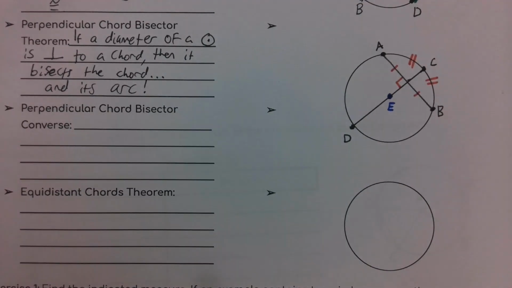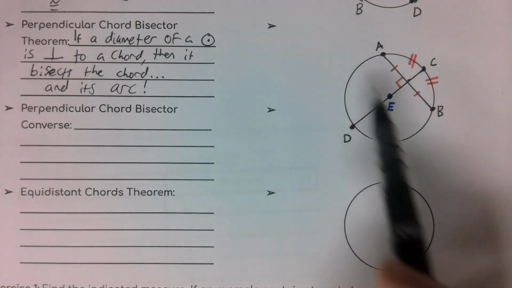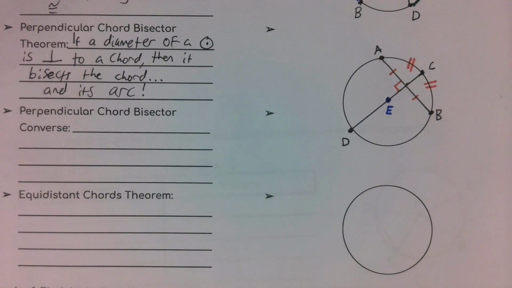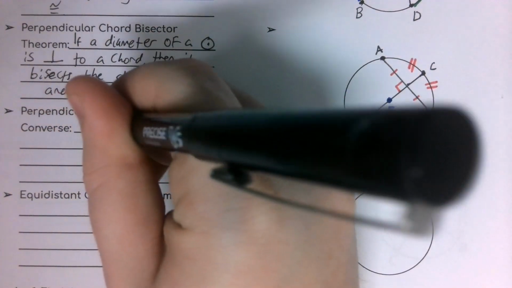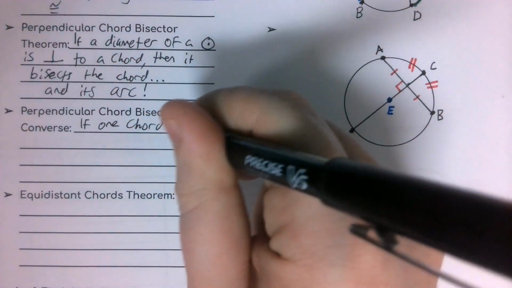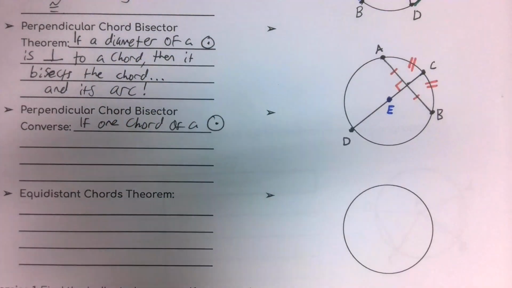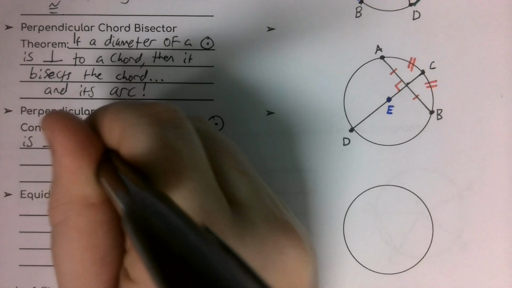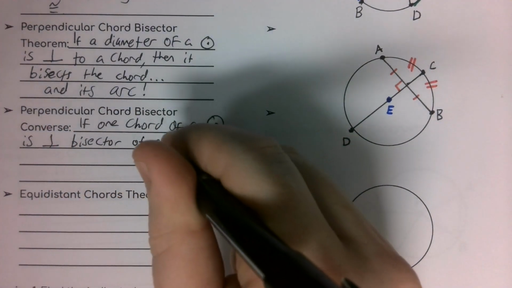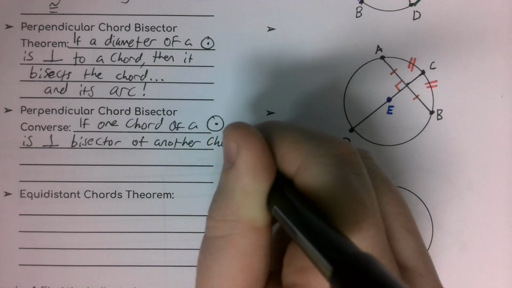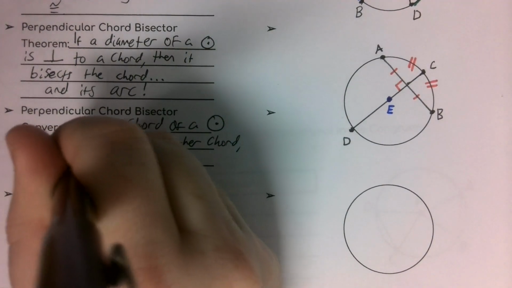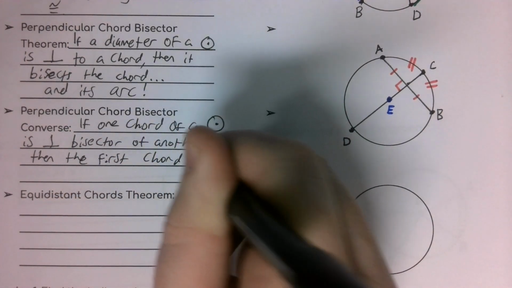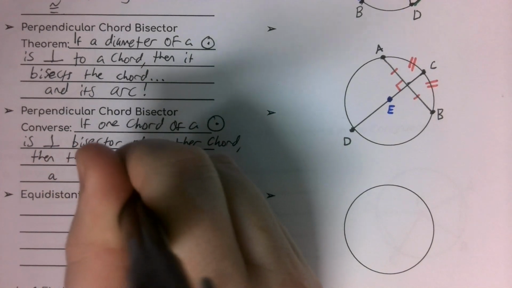There's also a converse to this. A converse which basically says, hey, if you've got the situation going on here, that bisector has to be a diameter. It says, if one chord of a circle is a perpendicular bisector of another chord, then the first chord is a diameter.